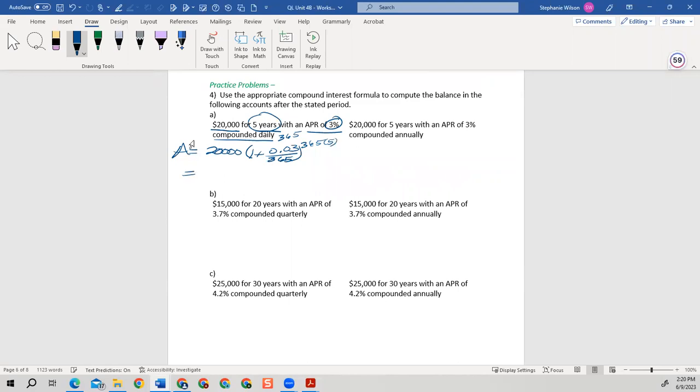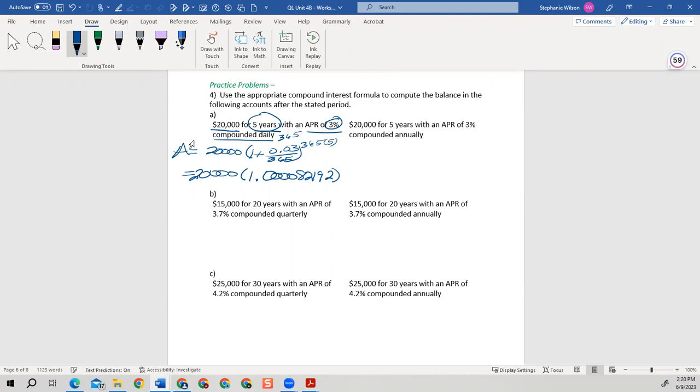I do not have a lot of room here. I should have made some space, but let's do this. We have 1 plus that fraction. So we have 20,000 times 1.0000829, or 82192.